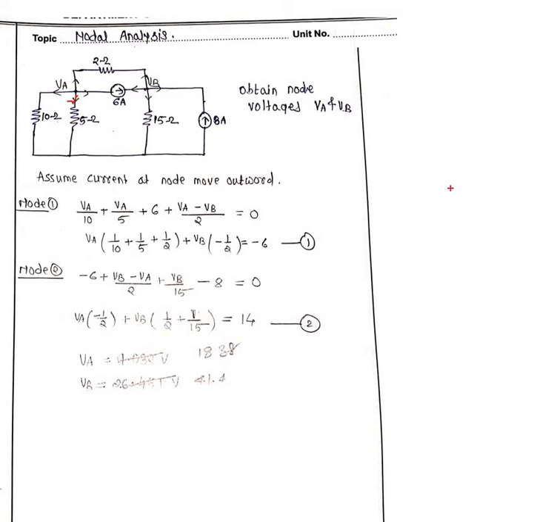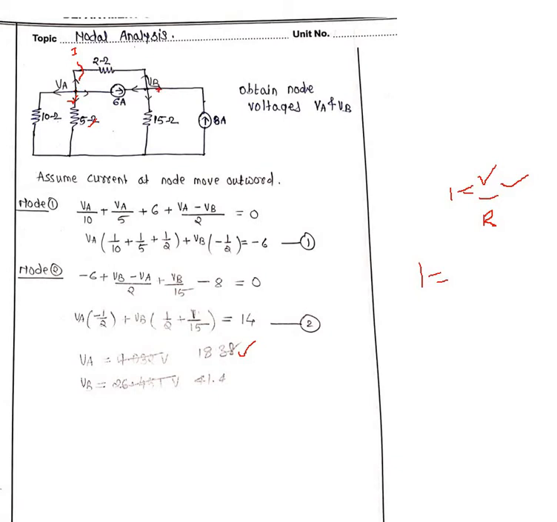Ohm's law. I is equal to V by R. What is V? Here the point V is VA. So VA value divided by R value, directly substitute. Suppose they are asking the current here. What is the current here? Can you tell me? I is equal to, Ohm's law, V. What is the V here?